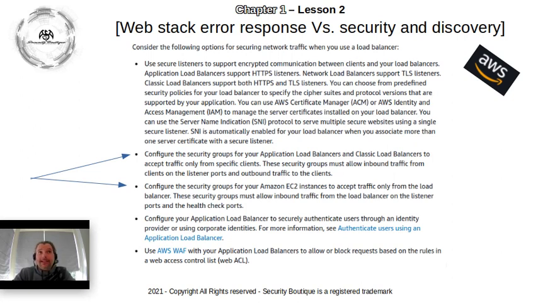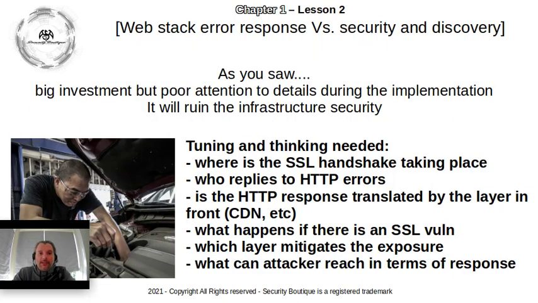And let's talk about hardening or implementation. So you need to stay sharp as an infrastructure security consultant. Sit down and think about the principle. Where is the silent handshake taking place? Who replies to what? This is the main rule for infrastructure.